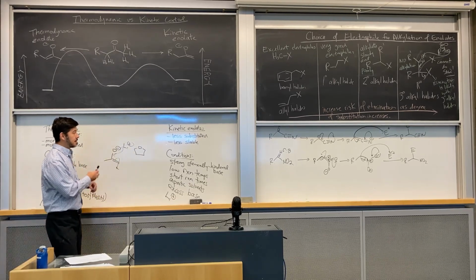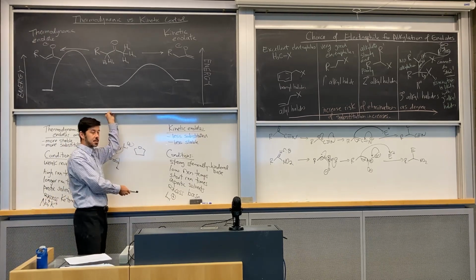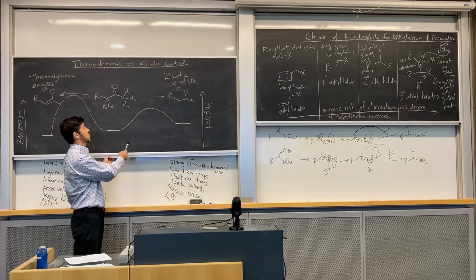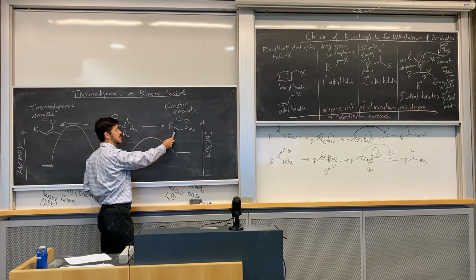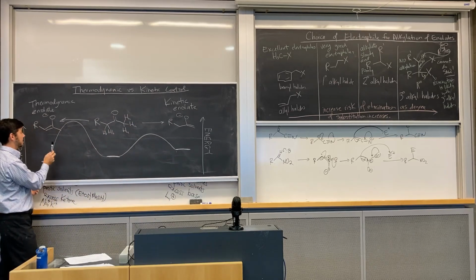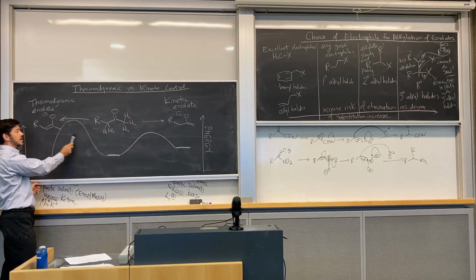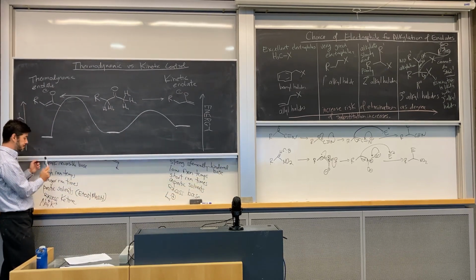However, in kinetic enolate conditions, we typically want to use excess base, because we want excess base to take these protons and not give it the opportunity to go back. Whereas with thermodynamic enolates, we typically want to add excess ketone so that we give it more chance to go back and forth to ultimately make this compound here.